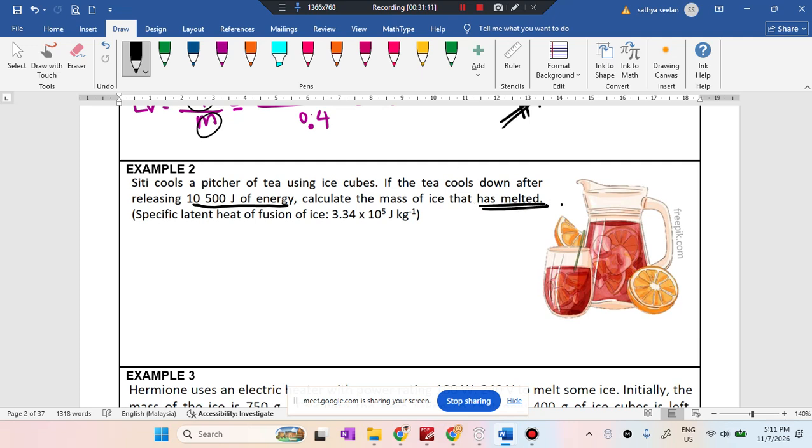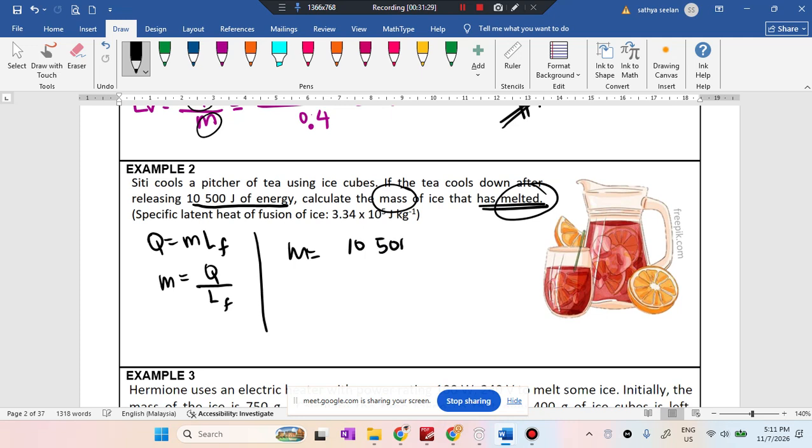So this is fusion lah. Sebab dia gunakan melting kan. So Q equal to mLF, right? Sekarang dia tanya apa? Mass kan? Arrange the mass first. Q over LF. So your Q is 10,500 joule. Latent heat of fusion of ice sudah diberi 3.34 times 10 to the power of 5. What is the mass?